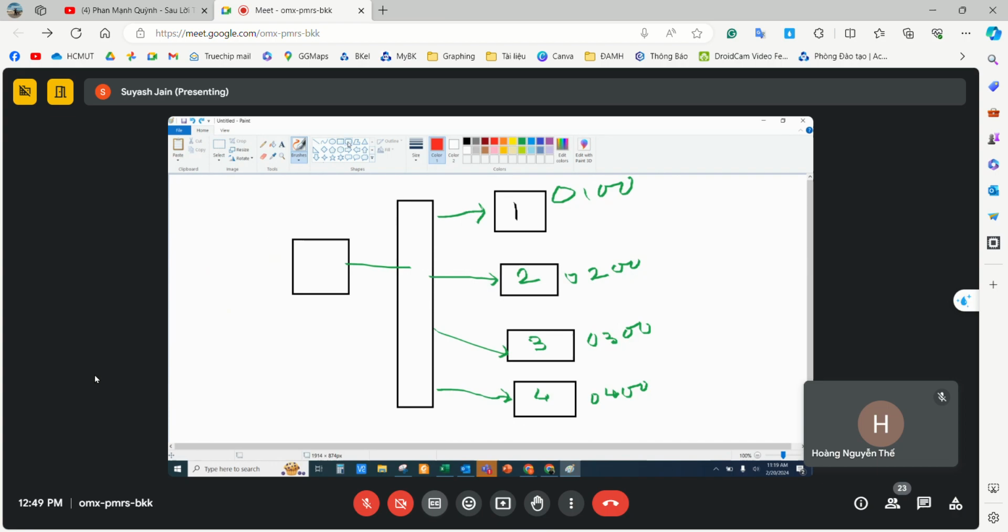You will place AXI monitors on each and every interface. To verify it, you issue a transaction from the master. The transaction address is, suppose, 0100.